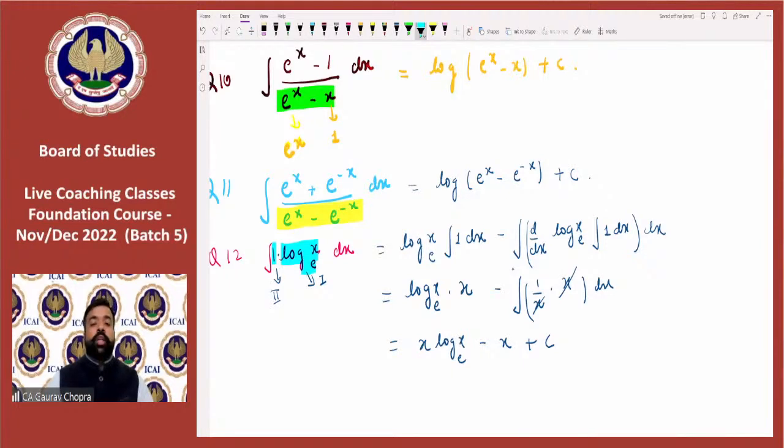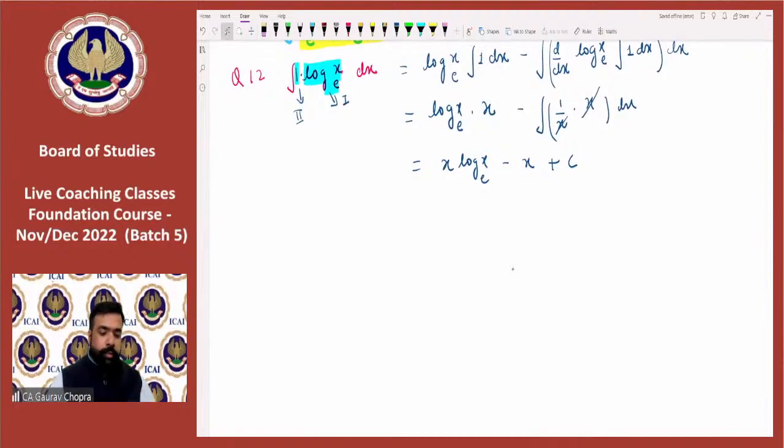Now apply the UV rule. It becomes log of x integration of 1 dx minus integration of d by dx log x, then multiplied by integral of 1. After solving this, we simply get our result. The most important thing was to assume 1 as the second function and then solve it completely.